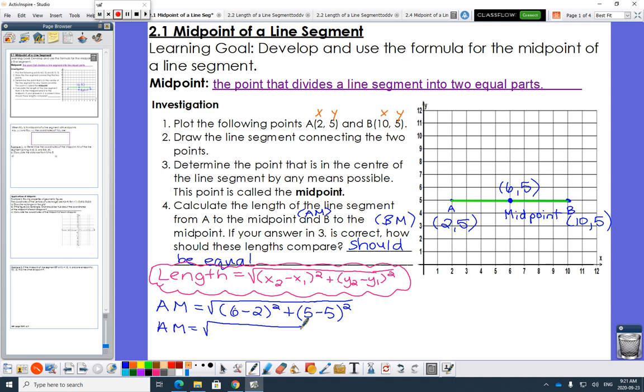So 6 minus 4, 6 minus 2 is 4. 0 squared. Square root of 4 squared. Now, some of you may even recognize the squared and the squared will cancel out, but it's not always going to be so nice.